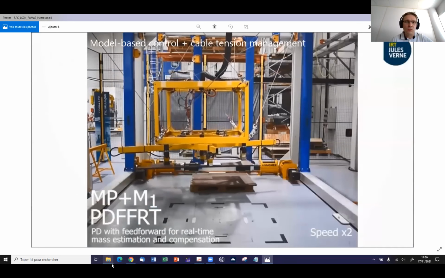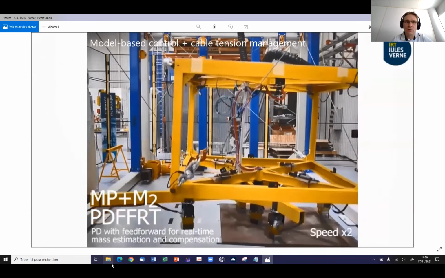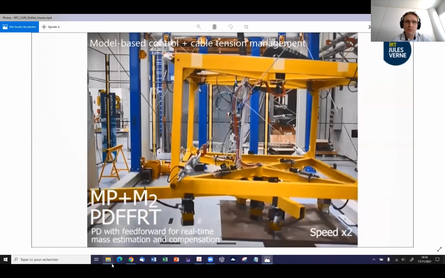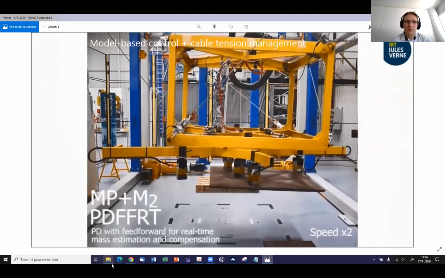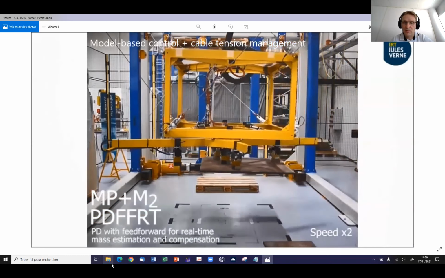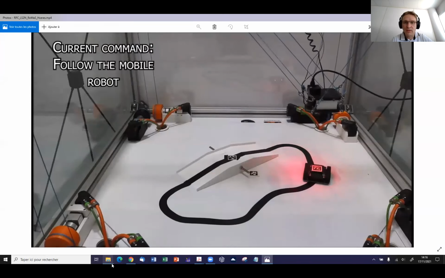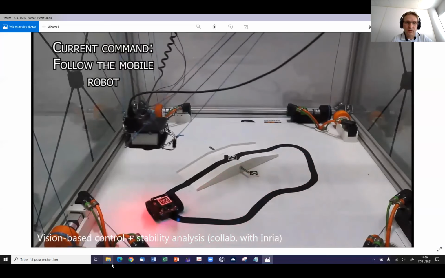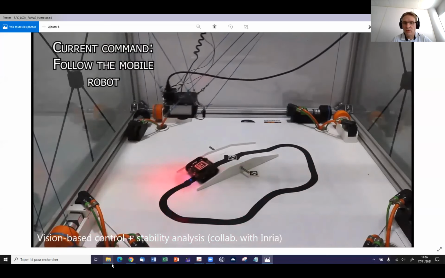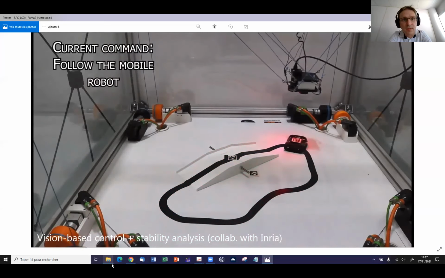We have been working a lot also on the control, mainly the model-based control of CDPR, where we can focus on the cable tension management by using a robust controller. Some work was also done in the visual servoing of CDPR with a focus on the state stability of the controller.